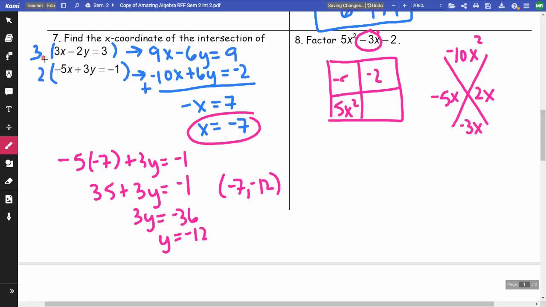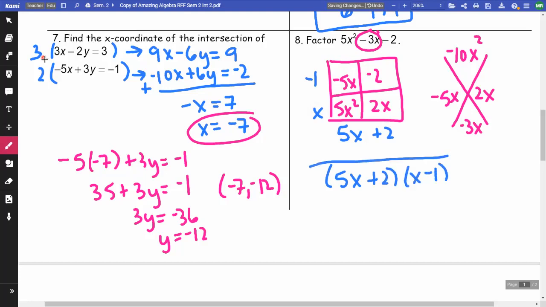So I'm going to write negative 5x, positive 2x. Doesn't matter which one I write where. But now that I've written that, my outside will be determined. 5x is going to go here. x times 2, 5x times a negative 1. So my factors are going to be 5x plus 2 times x minus 1.